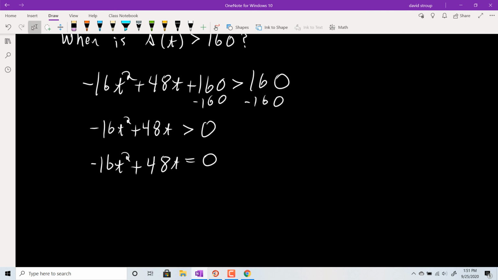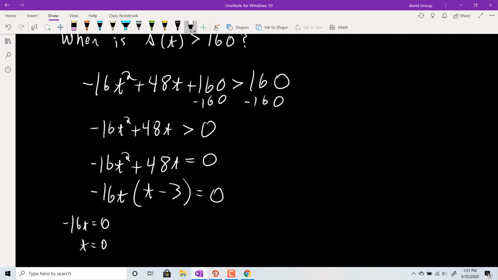I can factor out a negative 16t, and then I'll be left with t minus 3 equals 0. So there are two zeros here: negative 16t equals 0, in other words when t is 0, and t minus 3 equals 0, in other words when t is equal to 3.